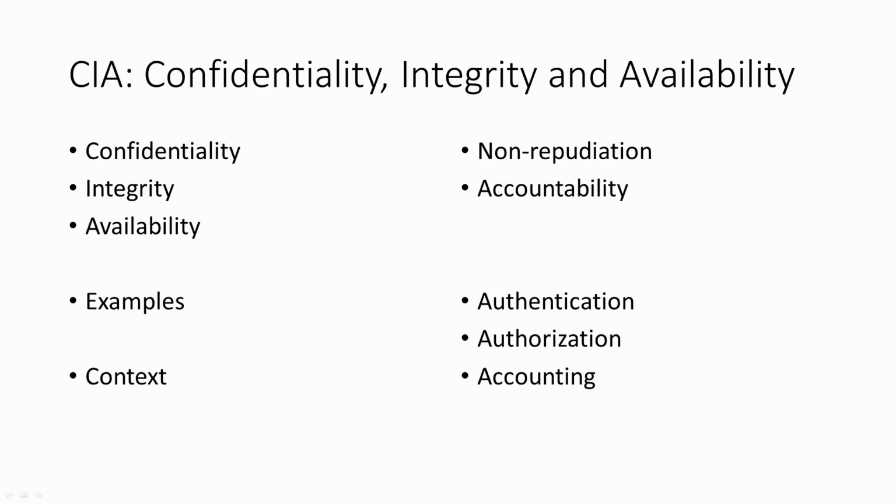Security is not some general term. It breaks down into very specific features of objects that we have to protect. And ethical hackers do that by trying to compromise these features.